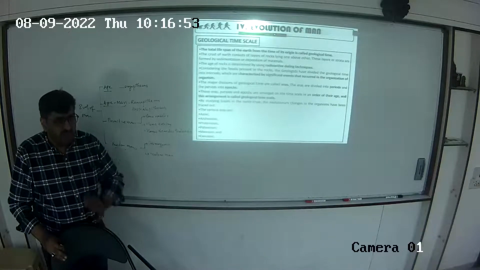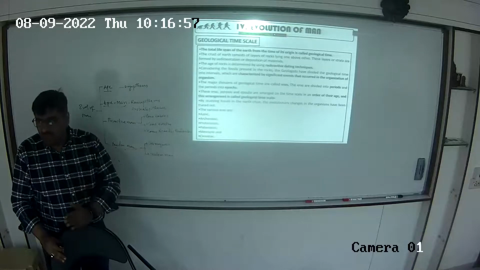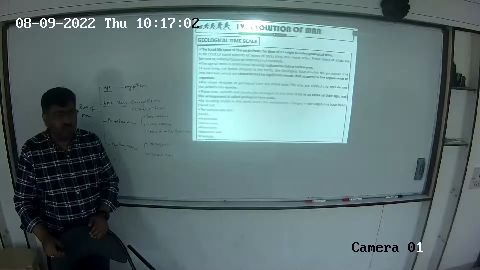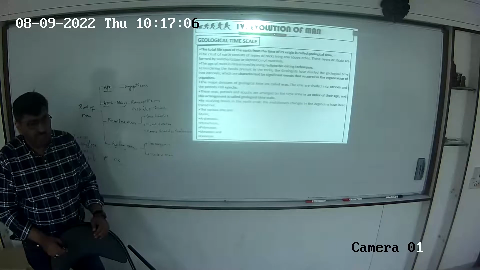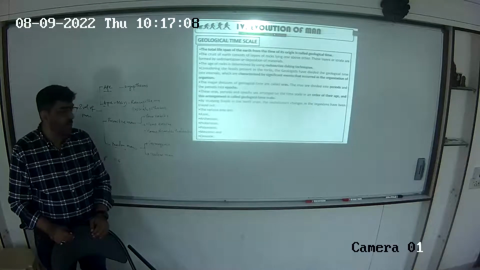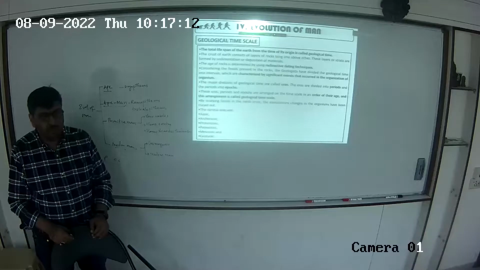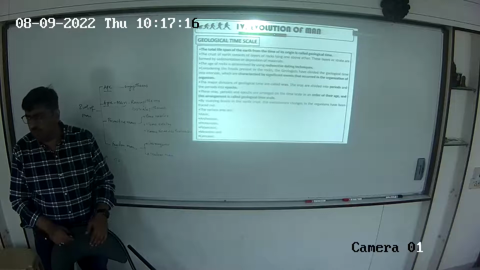Now if you look at the 7.9 diagram, the eras are referring to the periods also. Can you see the era got differentiated into periods? The Paleozoic is mentioning Silurian, Devonian, Carboniferous and Permian, in that order.